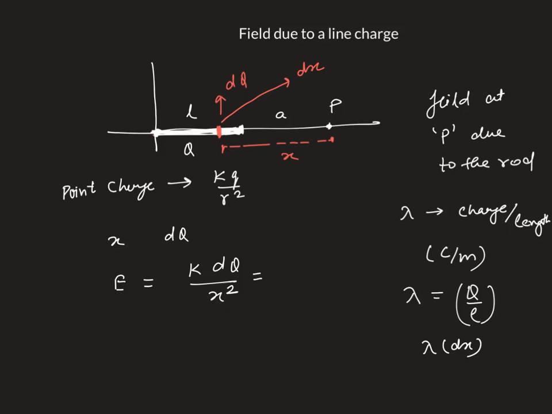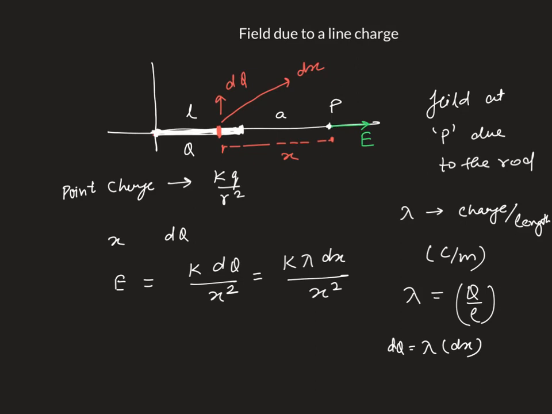So for a length dx, the charge is going to be dq equals lambda into dx. So I'll replace it, k lambda dx upon x squared. And what will be the direction of field? The direction of field is going to be away if we consider the rod to be positively charged.